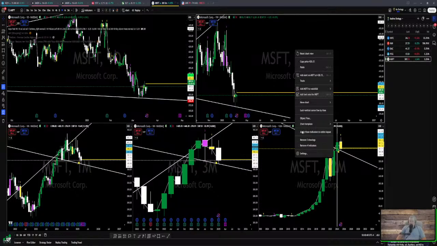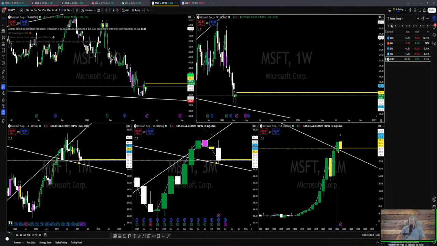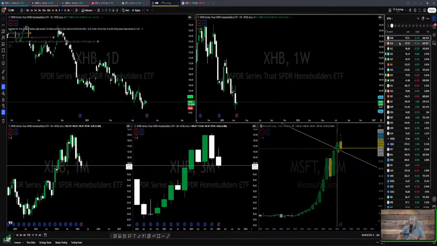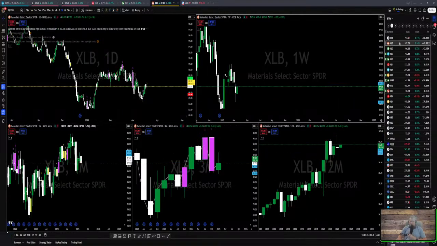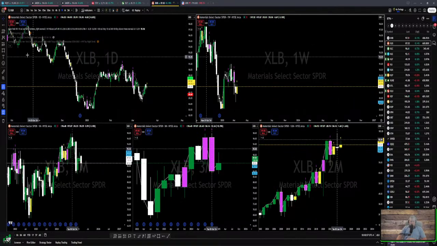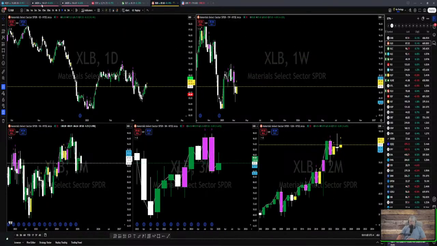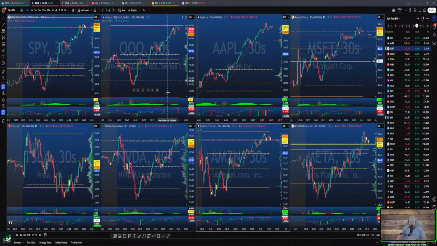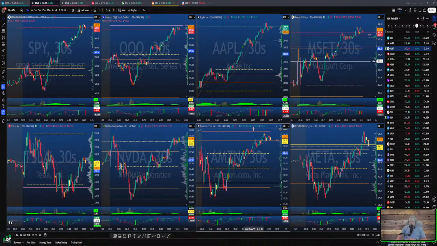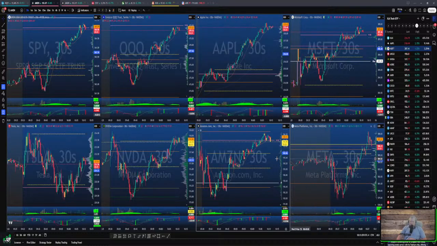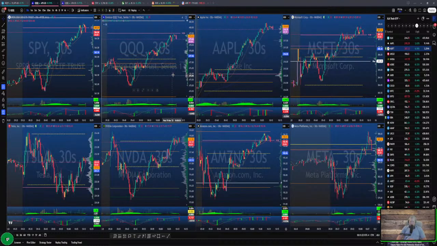Okay, let me go back through here. Look at sectors. It's always a good way to start the morning. So before I do that, when I'm looking across the board, I'd be more apt to be buying puts or selling calls. Well, actually, I'd be more apt to sell calls than I would be to buy puts. But either way, I'm looking for this price to not make new higher highs.